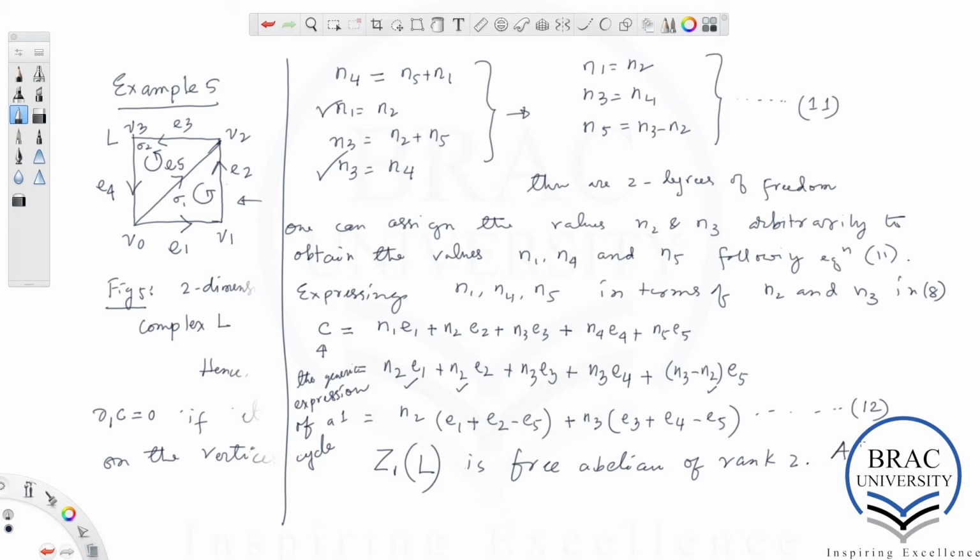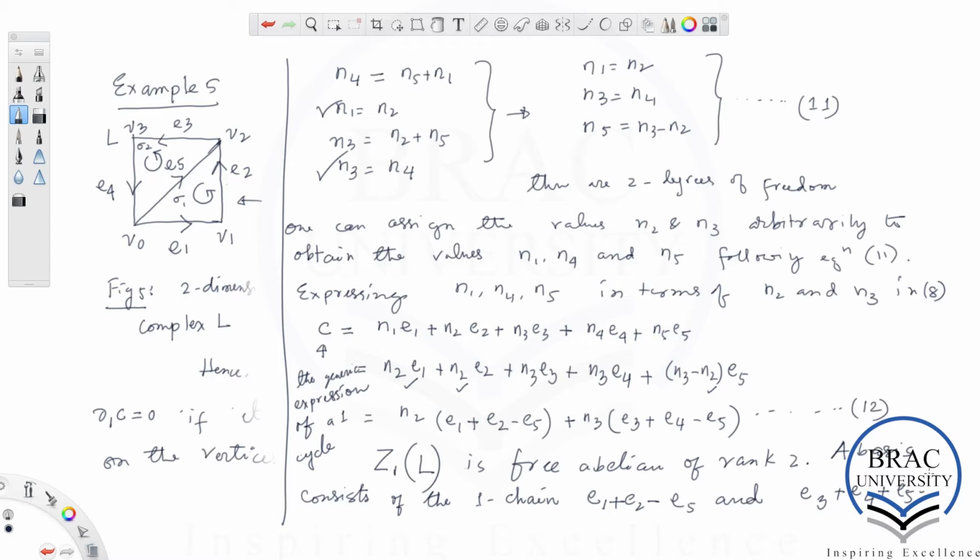A basis consists of the one chains E1 plus E2 minus E5 and E3 plus E4 plus E5.